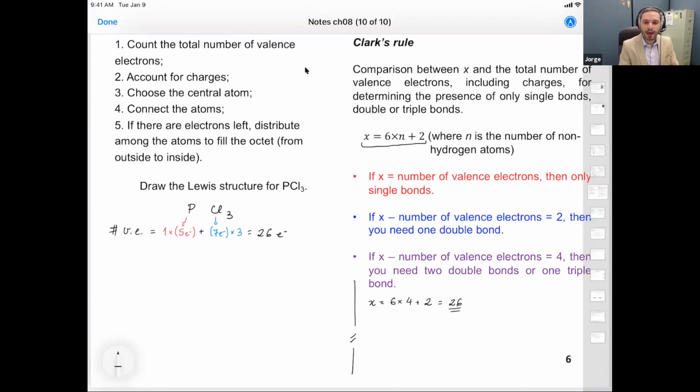Now we compare X with the number of valence electrons that we already determined. So we have 26 equals 26. One 26 is coming from the first step, and the other 26 is X. When X equals the number of valence electrons, we have the first case, which means there are only single bonds connecting the atoms.